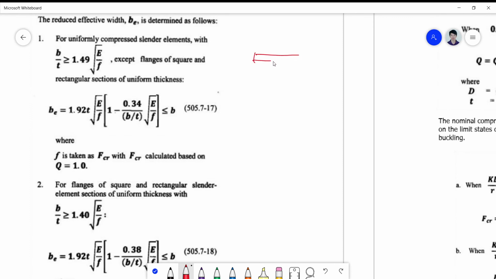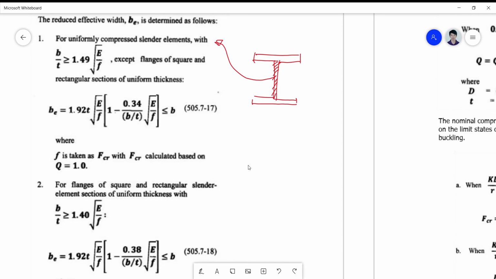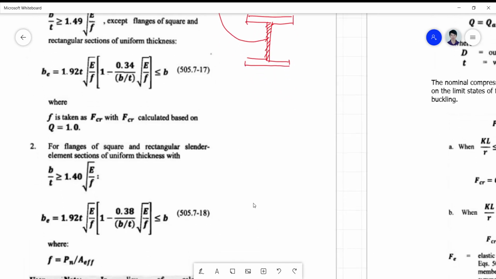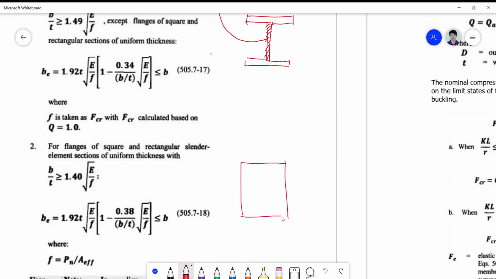So we normally have this, your stiffened element. You're referring here to uniformly compressed. For flanges of square and rectangular sections, you are referring to shapes like a box shape.